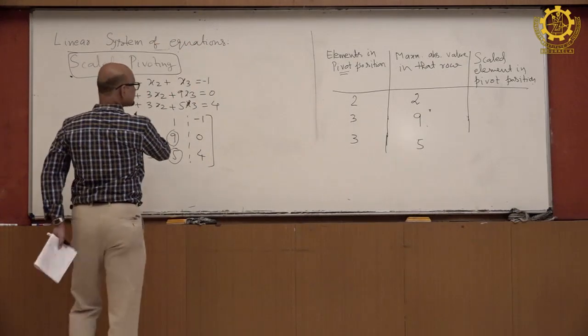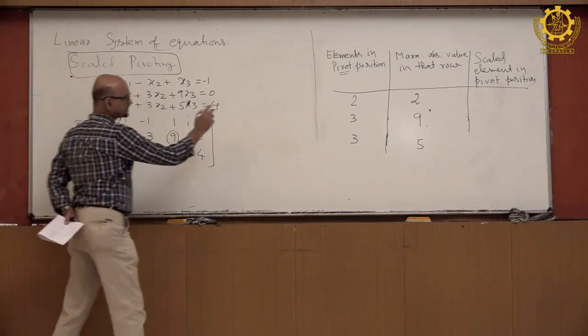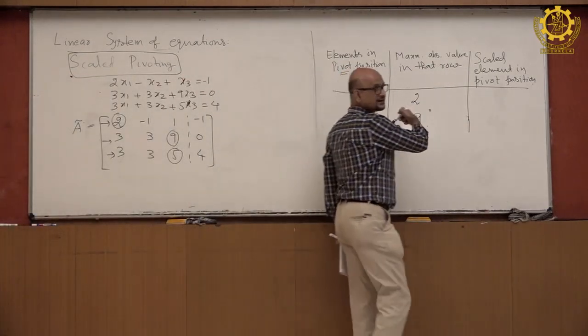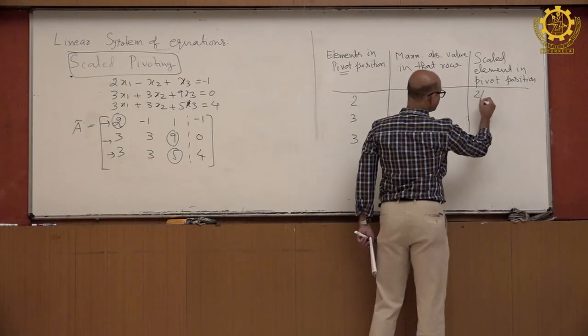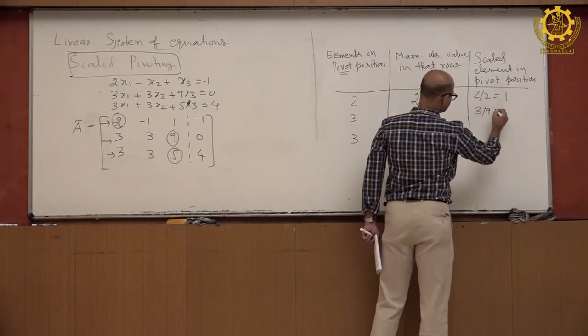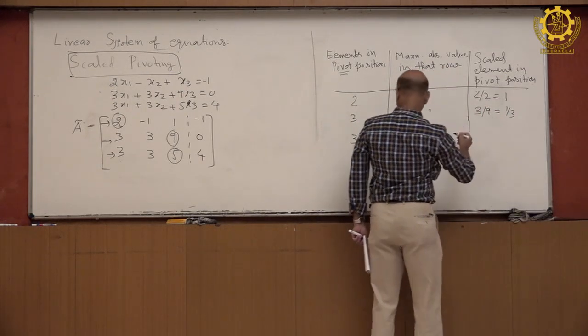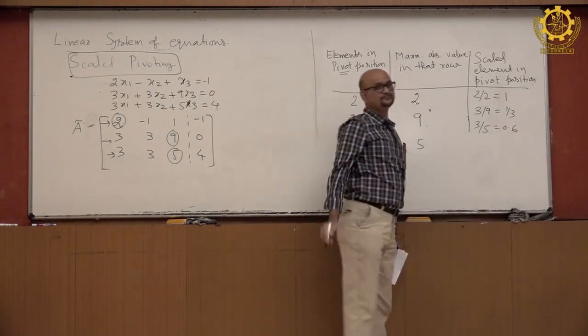So, first is elements in the pivot position, then the maximum absolute value in that row. Now, I will scale this element in pivot position, means I will divide this 2 by 2 as 1, 3 by 9, 1 by 3 and 3 by 5, that means 0.6.